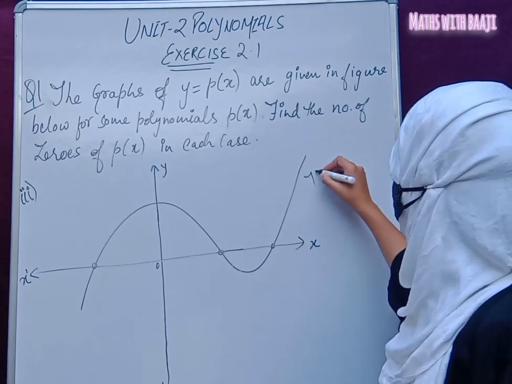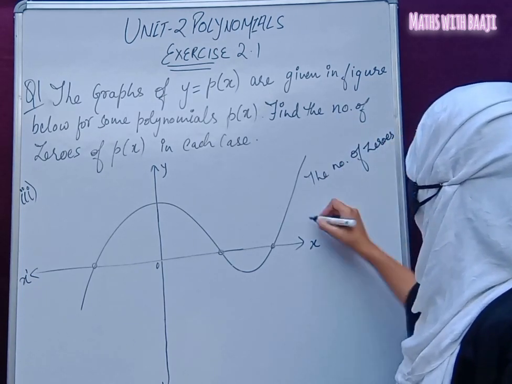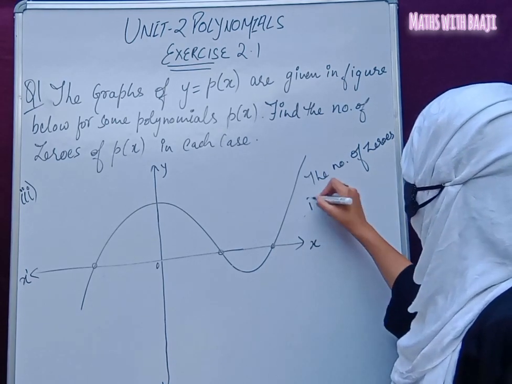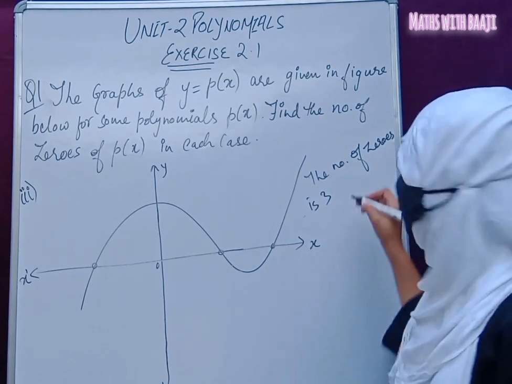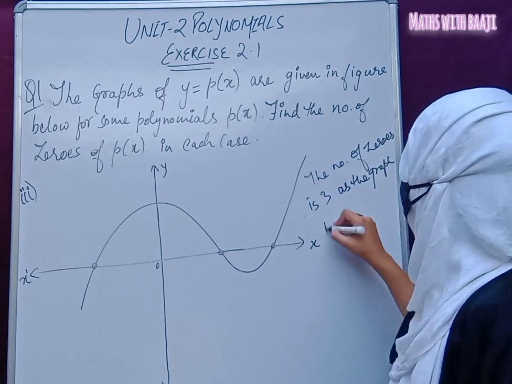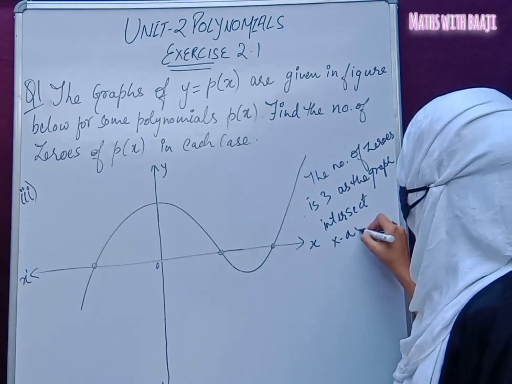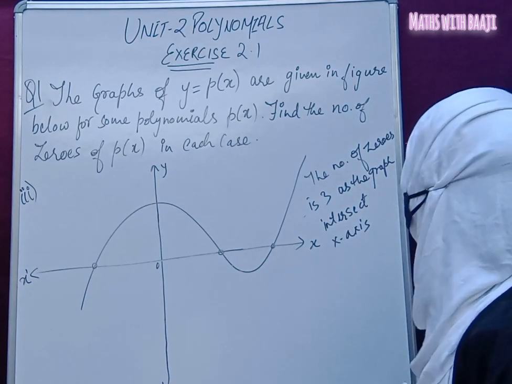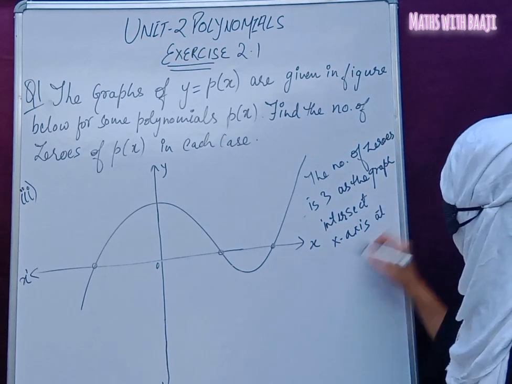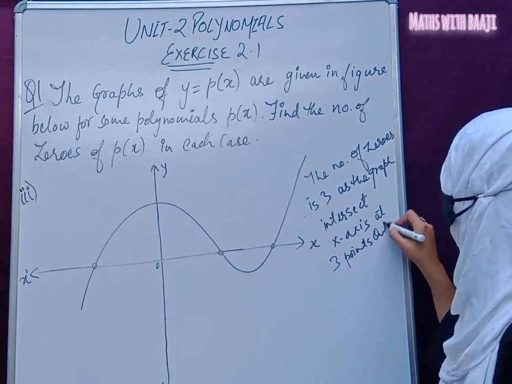So the number of zeros is 3 as the graph intersects the x-axis at 3 points only.